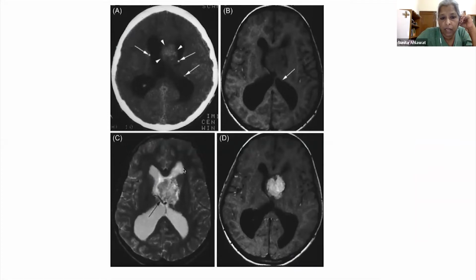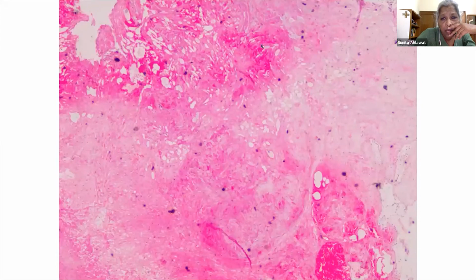This is a big tumor, which I am told is radiologically showing areas of hemorrhage. This is the lateral ventricle near the foramen of Monro. So as was seen on radiology, there is extensive hemorrhage.